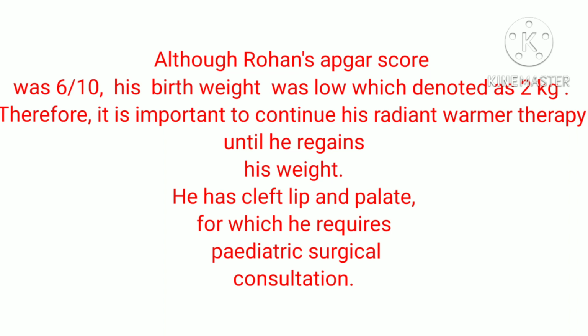Therefore, it is important to continue his radiant warmer therapy until he regains his weight. Otherwise, we can write in the initial phase that he was treated with the radiant warmer therapy, so no need to write it again here. He has cleft lip and palate for which he requires pediatric surgical consultation.